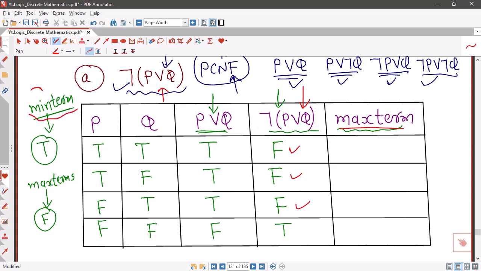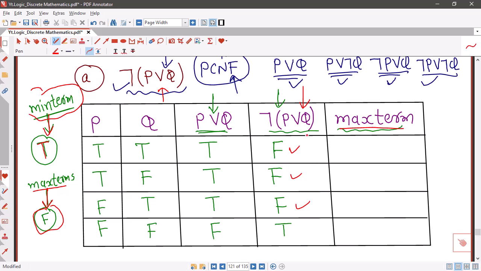For min terms we look for truth value true, and in the case of max terms we observe which rows correspond to the false truth value. So here I have three false values, therefore I will have three max terms.